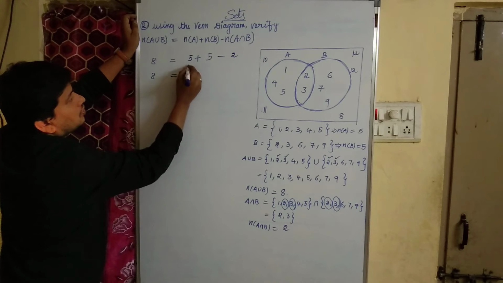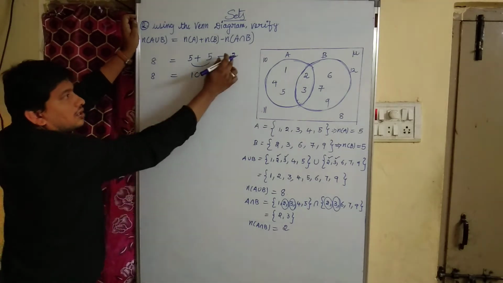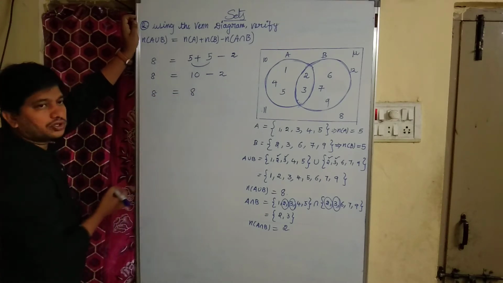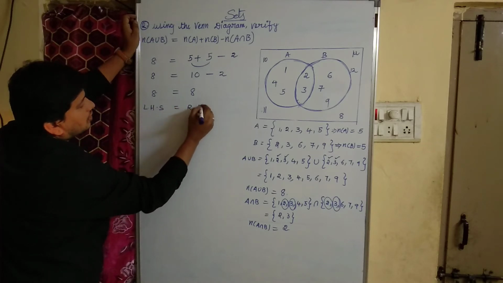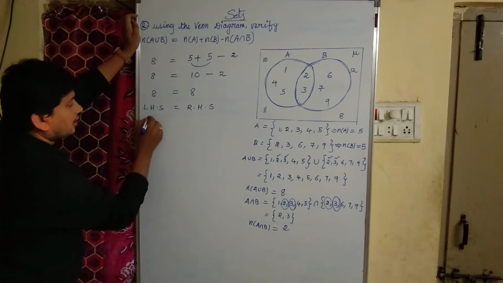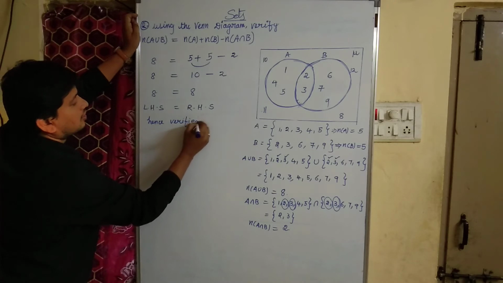So 8 equal to 5 plus 5, 10 minus 2, right? So 8 equal to 10 minus 2, which is equal to 8. I mean LHS is equal to RHS. Left hand side is equal to right hand side. Hence verified. They are asking to verify, right?